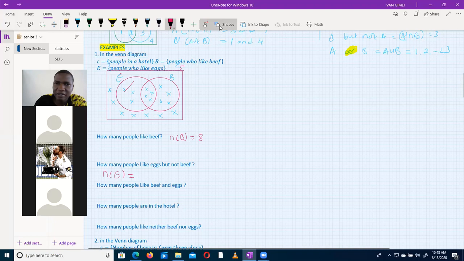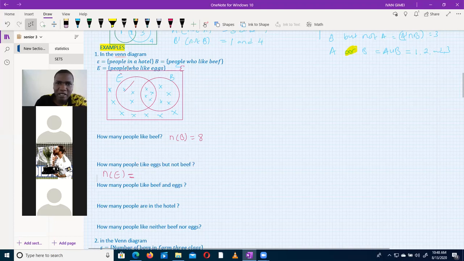Let me delete this first. It's 3. That's the correct answer for those who like eggs but not beef, and this is a wrong notation. It's not supposed to be like this. The eraser is not working, so let's ignore it.